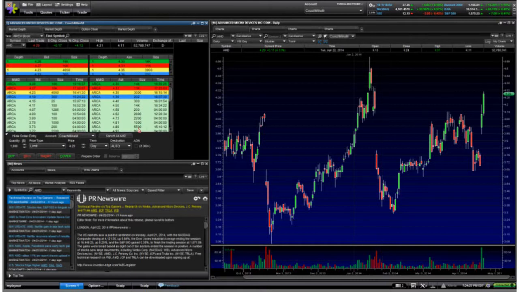Okay? So looking at a basic order form for buying a stock, that's what we're going to talk about first. What type of buy orders can we do when we are discussing common stock?